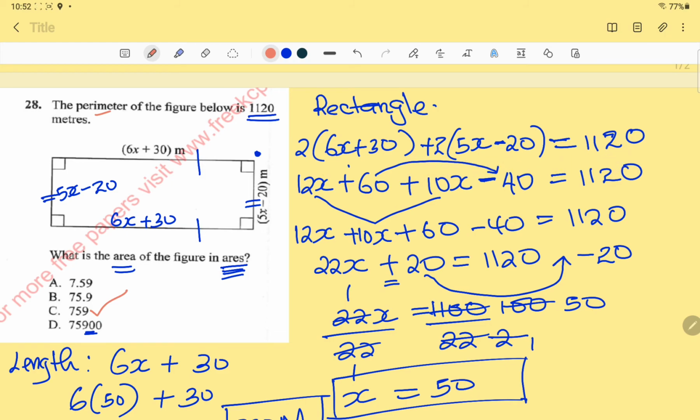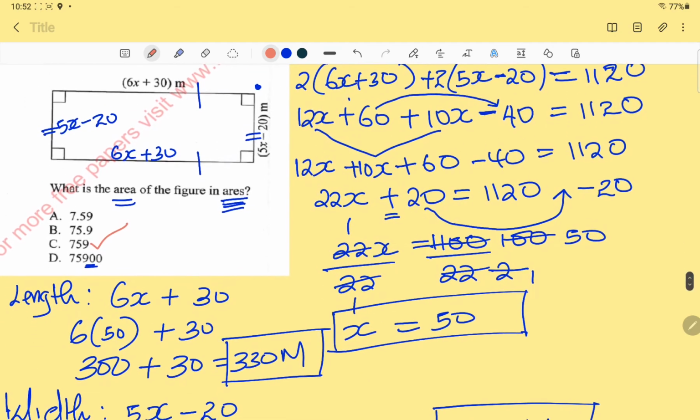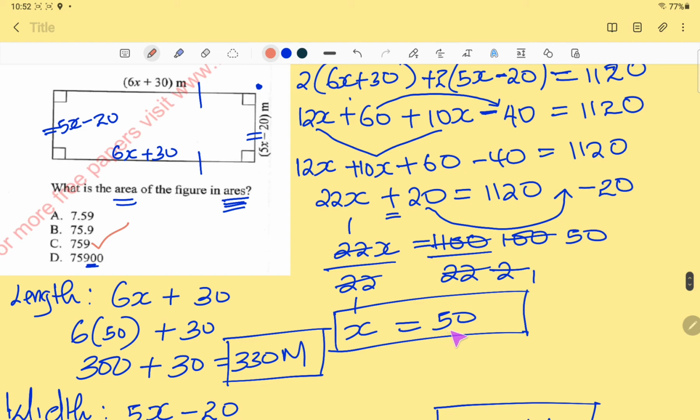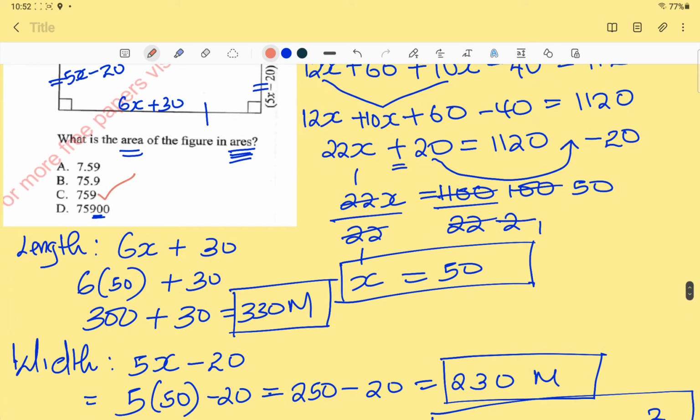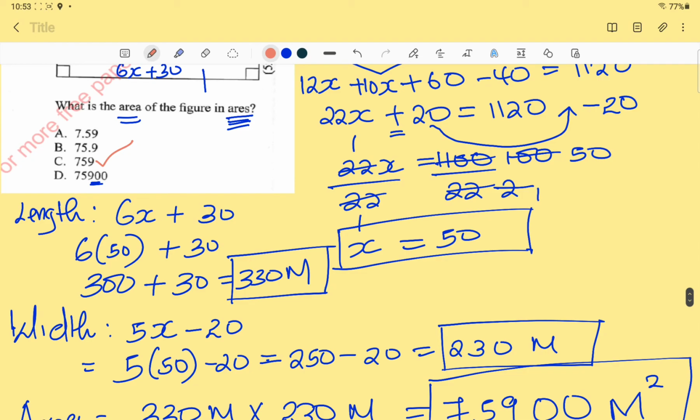And then are you able to solve the algebraic expression as we did by finding the value of x? Okay, so it's also testing about algebra. And then the next part is testing about area, whether you know how to find the area. And then lastly it is testing whether you know how to convert from one unit to another. That is from meters squared into hours.